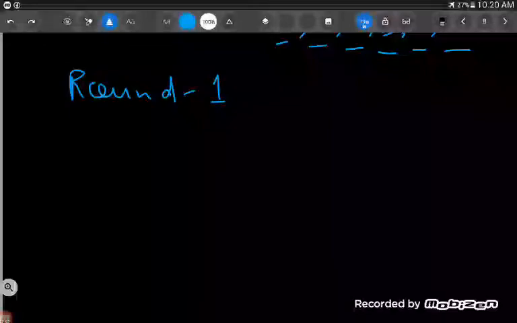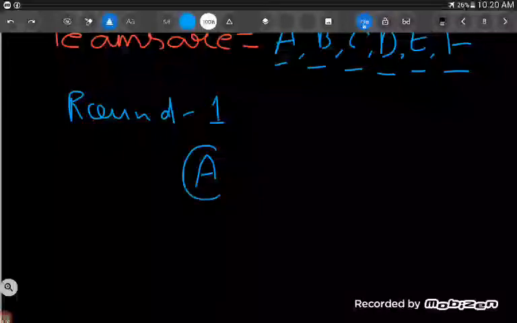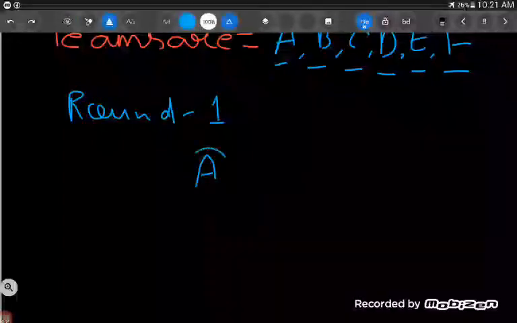In round 1, your first team should be fixed. What is your first team? Team A. So write the team A name and put it in a circle. Circle is very important. Remaining teams you will write downward.